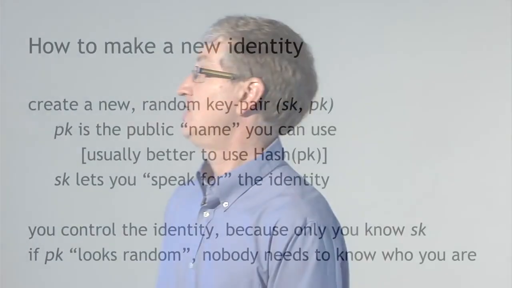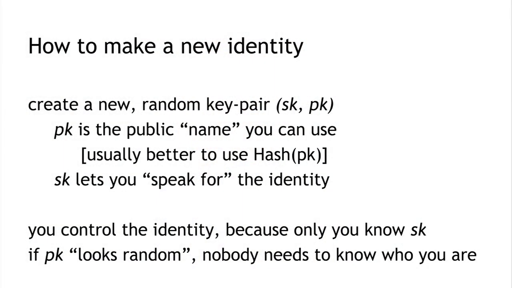All right, so if we're going to treat public keys as identities, one of the consequences of that is that you can make a new identity whenever you want. If you want to make a new identity, you just do this. You create a new random key pair, SK and PK, by doing the generate keys operation in our digital signature scheme. And we get out SK and PK. PK is then the public name that you can use.